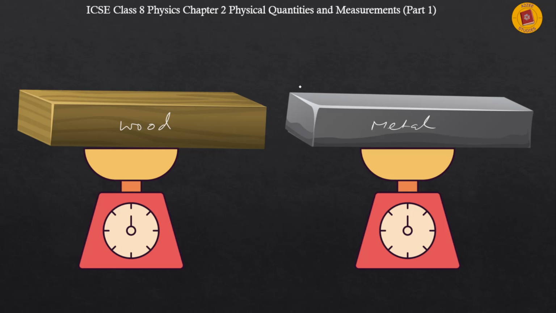Now they have got the same dimensions, but if we measure their weight, we will see that the wood is having much less weight than the metal. Why is it so? The answer is density.